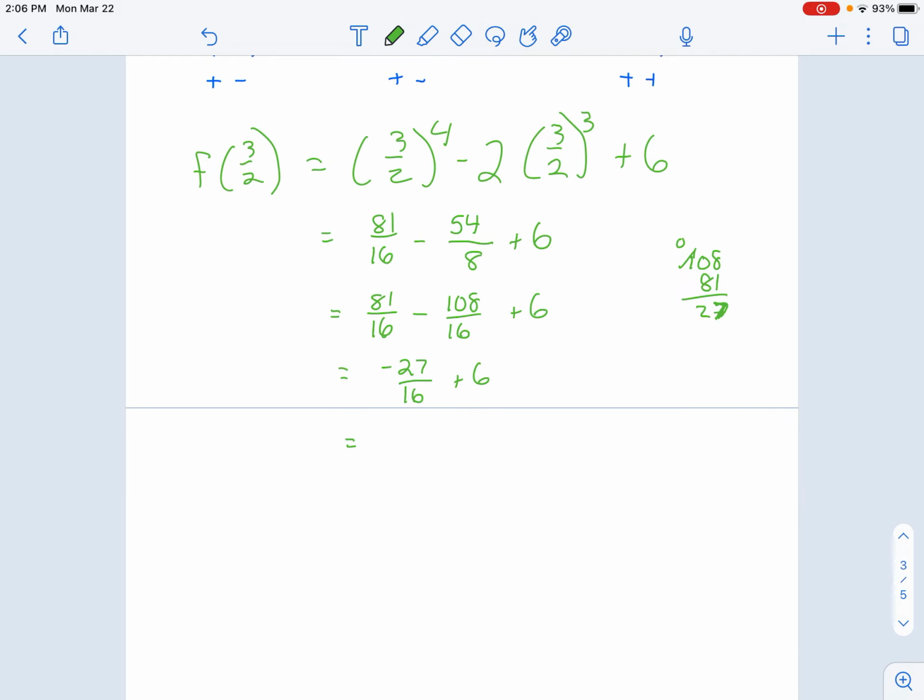Here I'm just going to go with mixed numbers. This is -1 and 11/16 plus 6. So 6 minus 1 is 5. 5 minus 11/16 is going to be 4 and 5/16. So we have the point 3/2, 4 and 5/16.